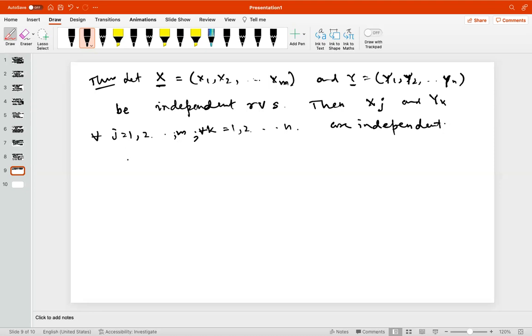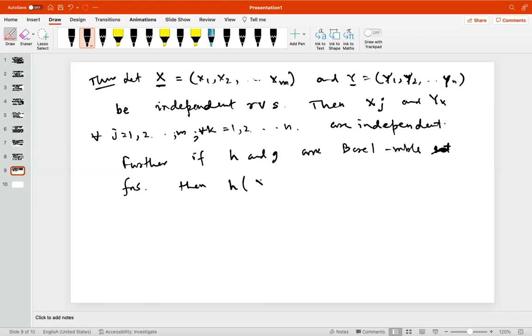Now, similarly, if h and g are Borel measurable functions, then h of X1, X2, ..., Xm and g of Y1, Y2, ..., Yn are also independent.